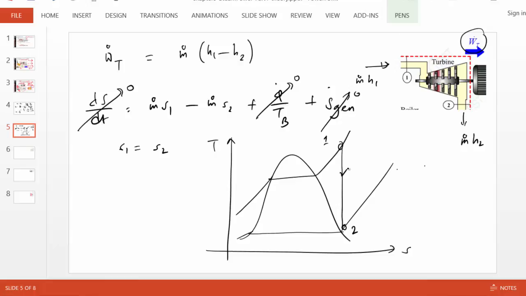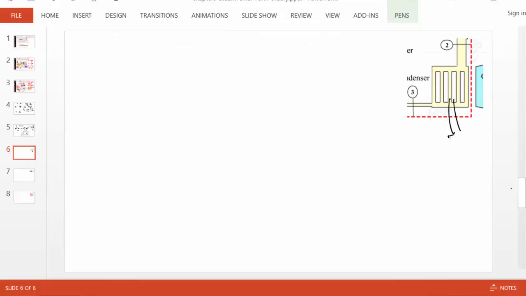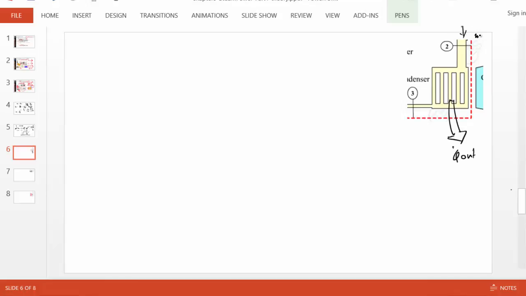So let's go work on the next device, which is the condenser. Okay, in the condenser what we got is heat loss, heat rejection, Q dot out, again a positive quantity here. The energy that goes in is m dot times H2, and with the mass, m dot times H3 is coming out, so Q dot out must be what goes in minus what comes out.